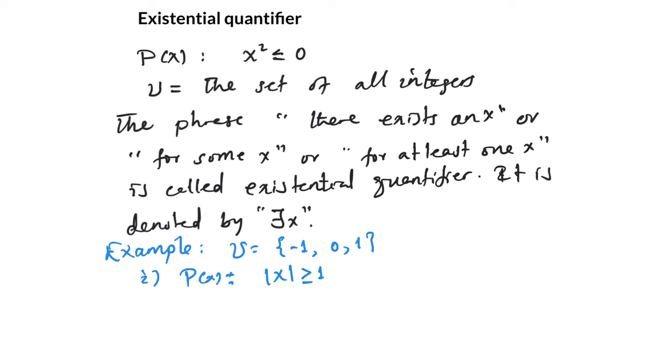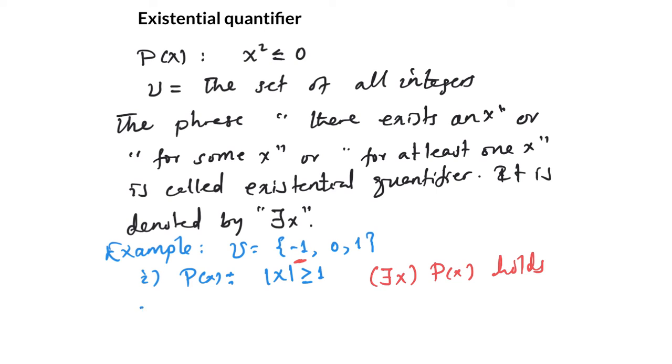In this case, P of x is true for -1 and also for 1, but not for 0. Hence one can say there is an x such that P of x holds, or is true.